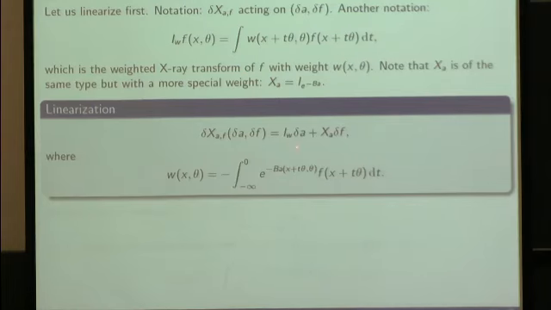We get a sum of two X-ray transforms. One of them is the original one, and there's nothing mysterious about that. It's a linear problem with respect to f anyway, so we have two f's, we just subtract them. So this is quite clear. And this one actually needs some work to compute. It turns out to be an operator of the same type.